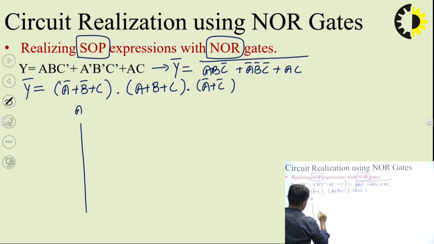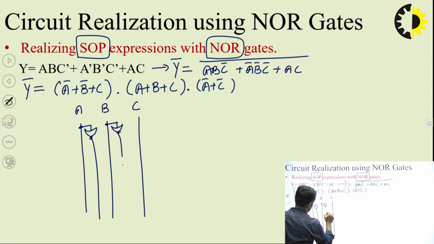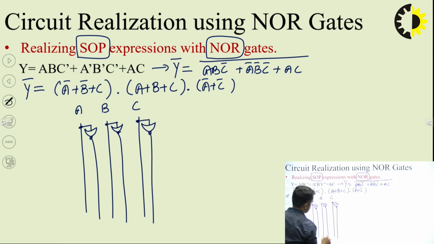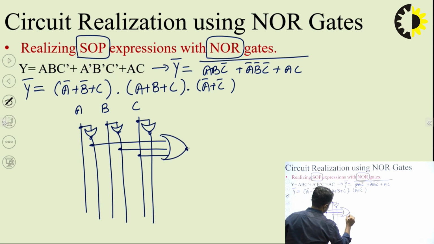So, realizing the circuit for this expression: A is there, B is there, C is there, using NOR. Realizing the circuit: A bar, B bar, C. So this is A bar, this is B bar, this is C, NOR.